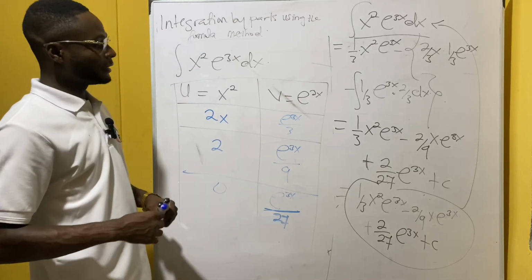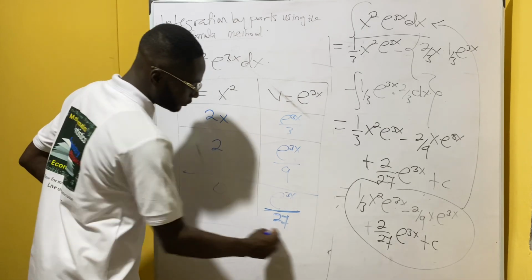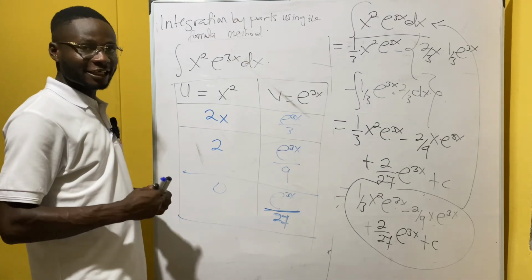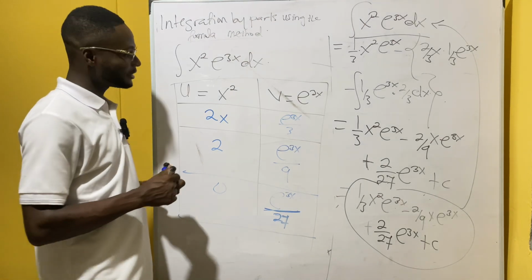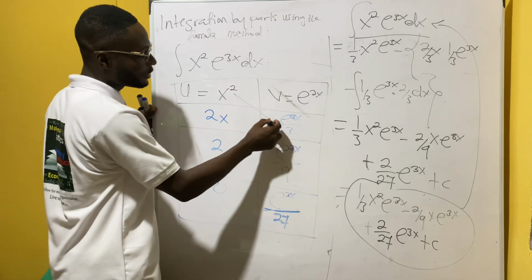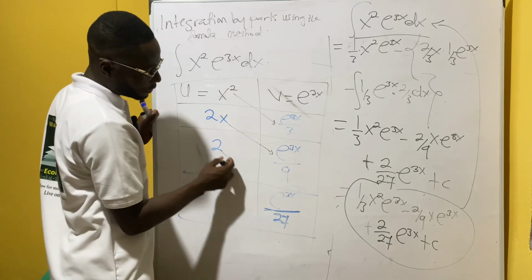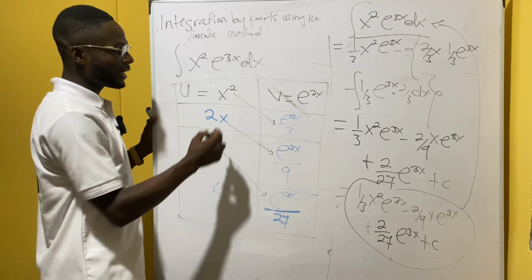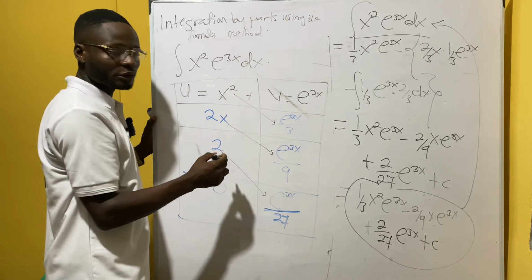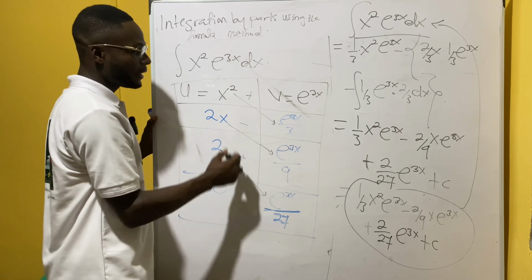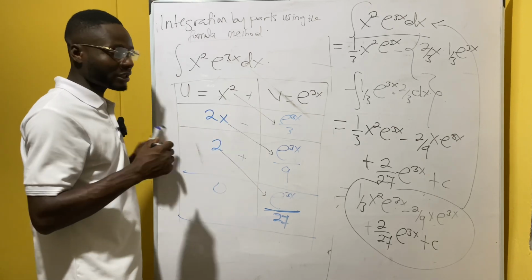Now, what you do is apply the crucial aspect where this goes to this, this goes to this, this goes to this. And you affect the signs here: plus, minus, plus, in that order.